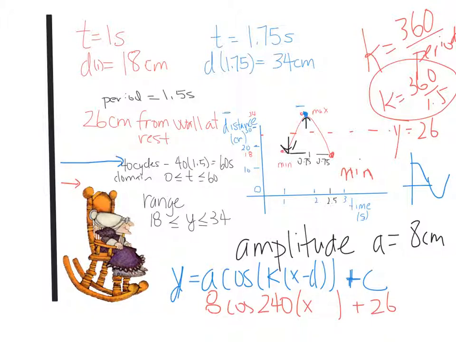What I need to do is think about if this 34 was over here, as if it were the parent function at the max, then what exactly did I move to get to the new max on our new function. That maximum is at 1.75, so I moved it 1.75 to the right. So I'm going to write minus 1.75 down at the bottom. My final equation would be 8 cos 240(x minus 1.75) plus 26.